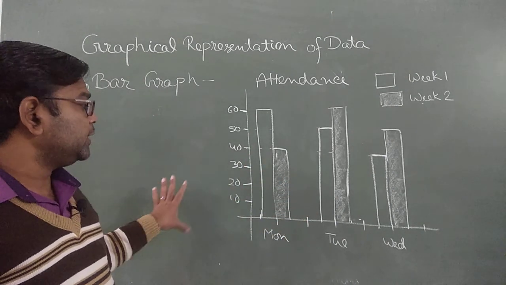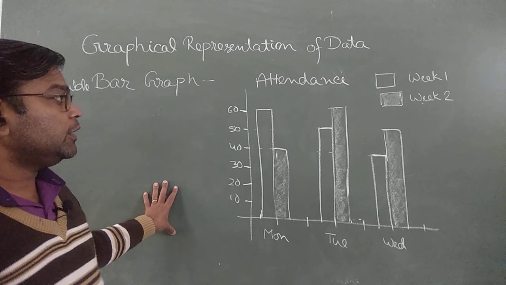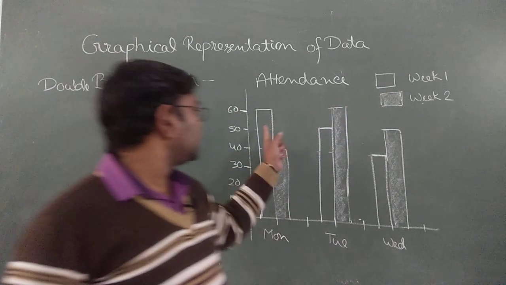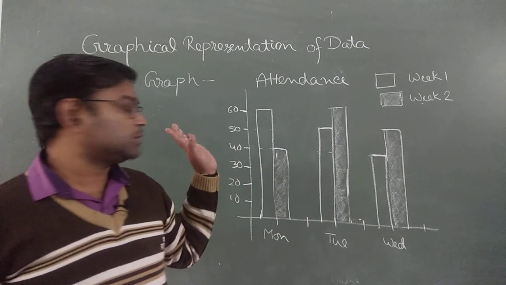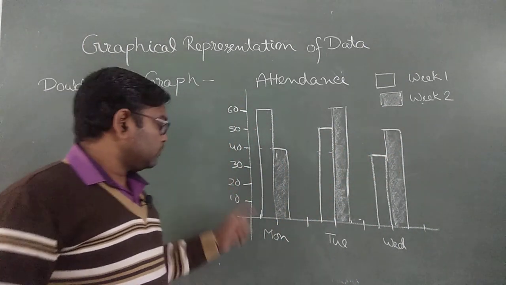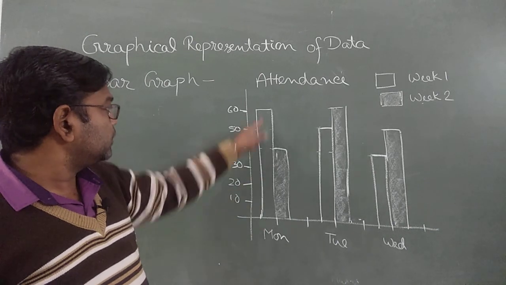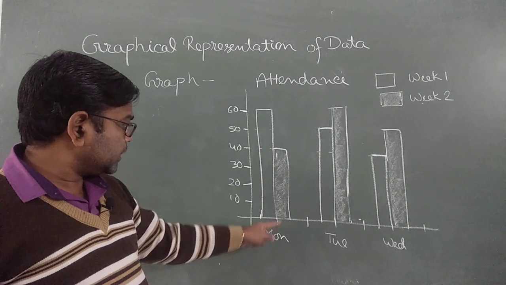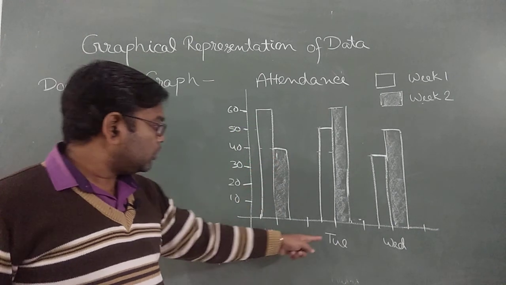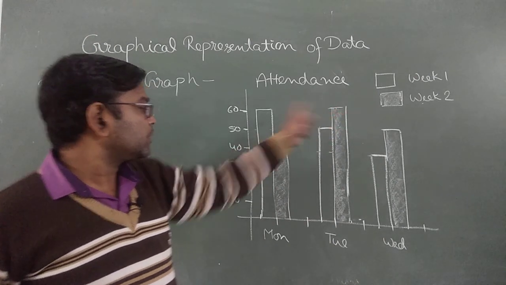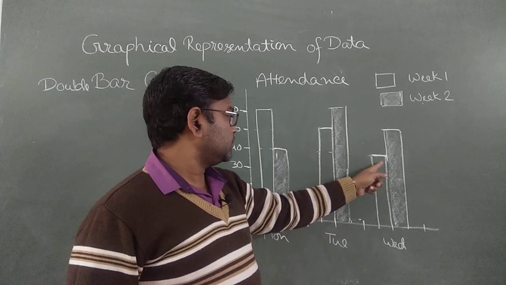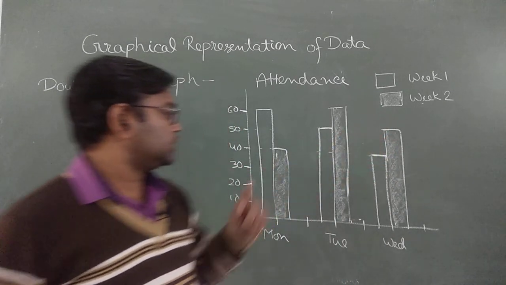We first read the graph carefully and see that this part is for the first week, and these three bars are for the second week. On Monday in the first week there are 60 students, in the second week 40 students; on Tuesday 50 students in the first week, 60 in the second; and on Wednesday again 40 and 50 students.